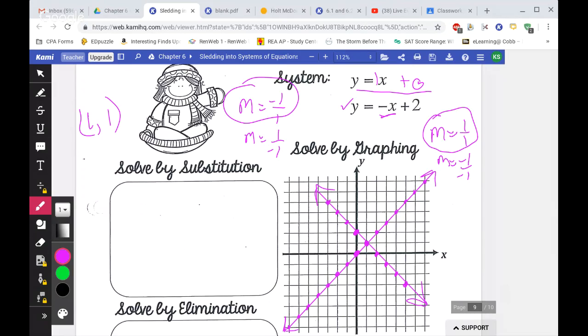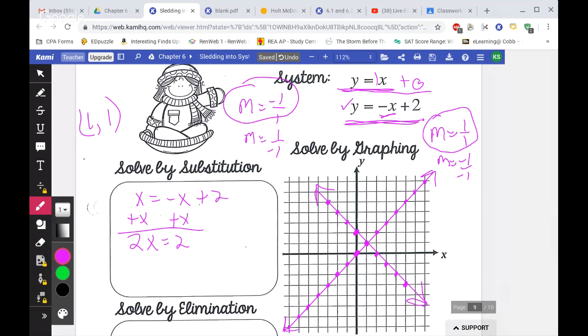Okay, for substitution, I have y equals x and y equals negative x plus 2. So I can actually set the two equal to each other. Because if y equals x and y also equals this, then I can set them equal to each other. I'm going to add x to both sides.